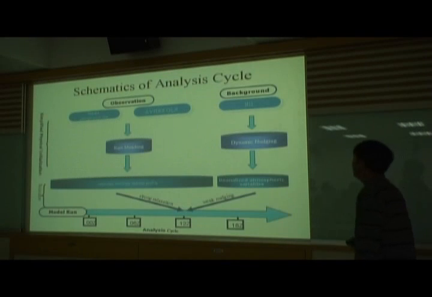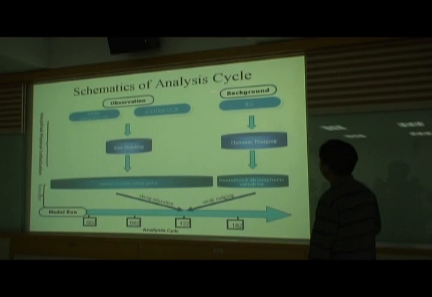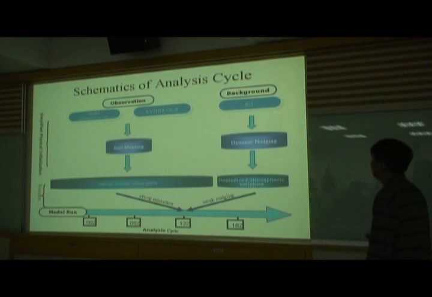This is a schematic of our analysis cycle. We prepare observation and background. We consider reanalysis 2 as the background of the data assimilation procedure. And this background information is provided by a dynamic nudging technique. It's a kind of relaxation.